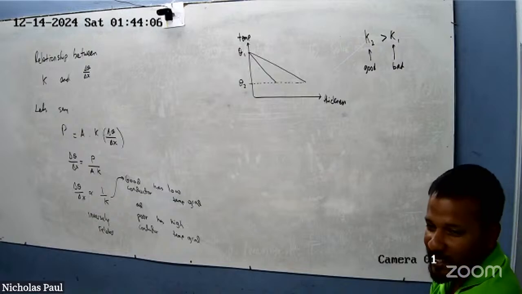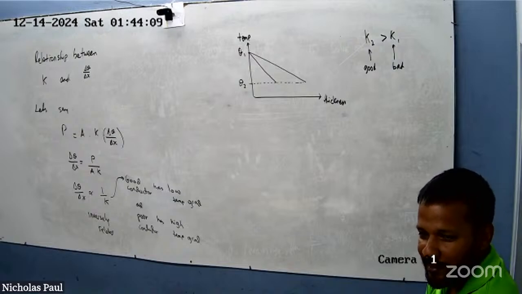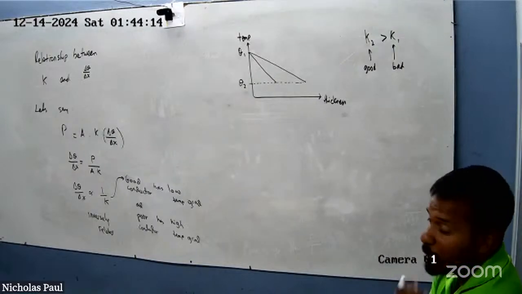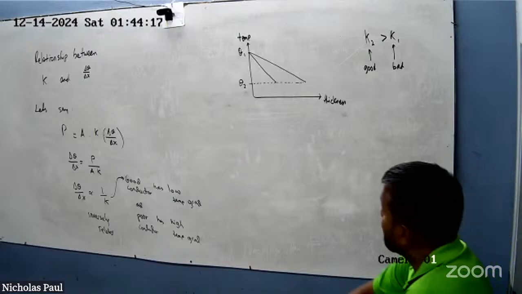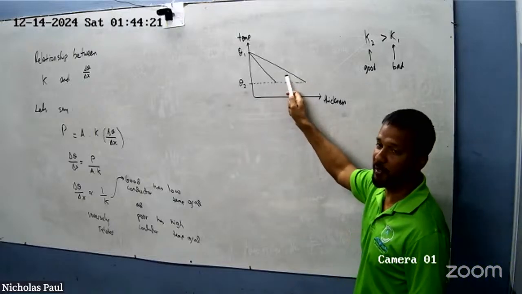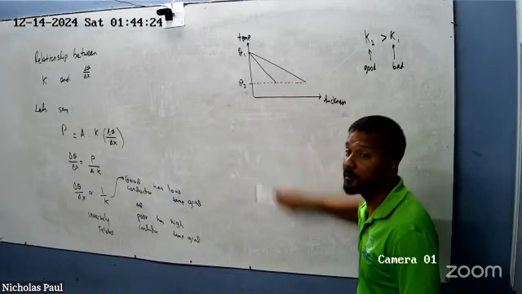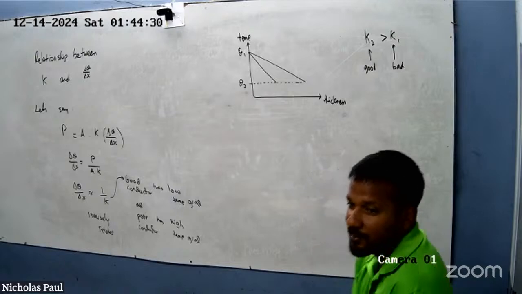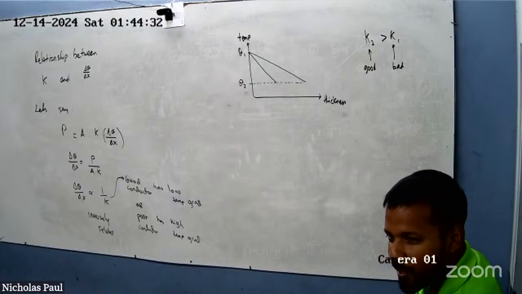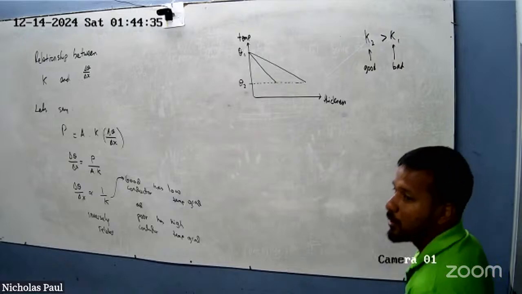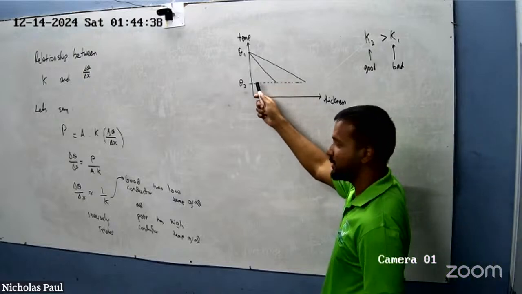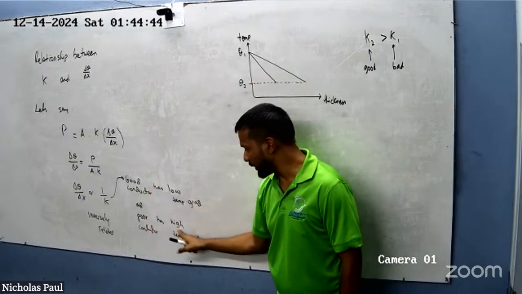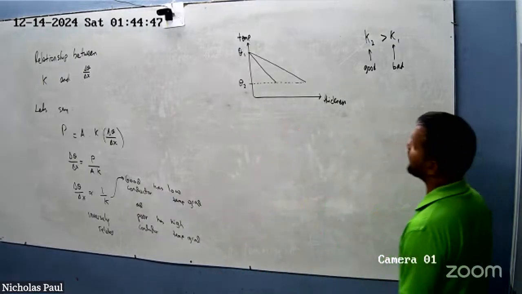Which one do you think is K1, and which is K2? Just make a guess. What do you think, Jacob? What you are seeing here is: good conductor, low gradient; poor conductor, high gradient. So watch the graph and tell me what you think.